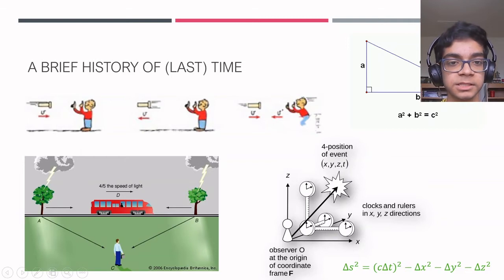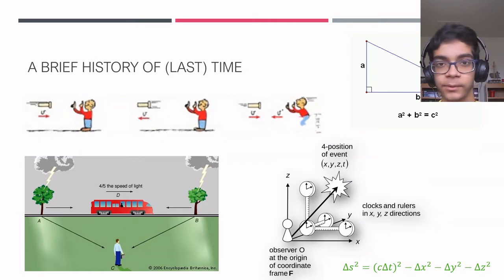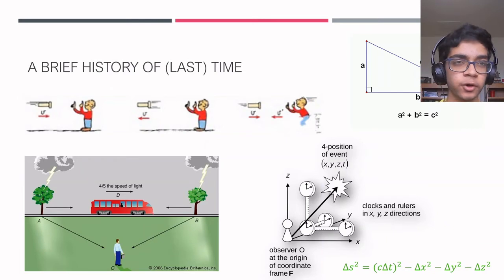So in this picture on the top left of the slide, we can see a man with a flashlight. And one of the things that we discussed last time about this image is that whenever you have, say, a ball, and you're throwing a ball towards someone, if you're moving, say, 10 miles an hour, and you throw the ball, it is going to be moving 10 miles an hour faster than if you just stood still on the ground and threw it.